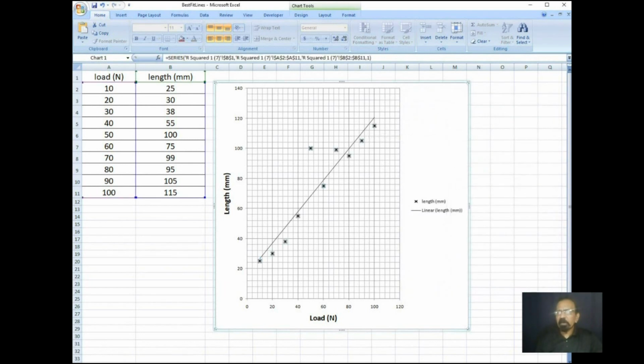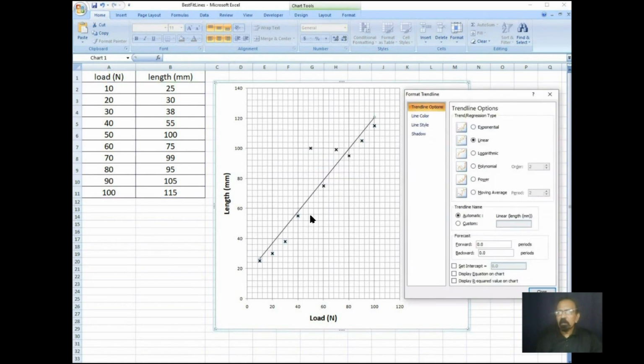You can come back here, right click again. So we are here. Down here, we can include the equation if we like. Display equation on chart. So that is going to be the equation of this straight line here, which is our line of best fit, which we can use for a whole lot of things. And then we could also display the R squared value on chart.